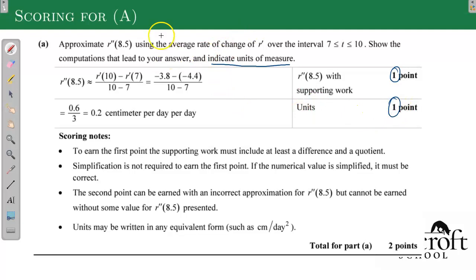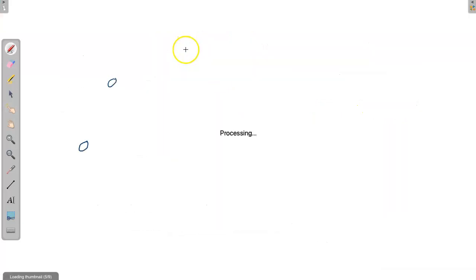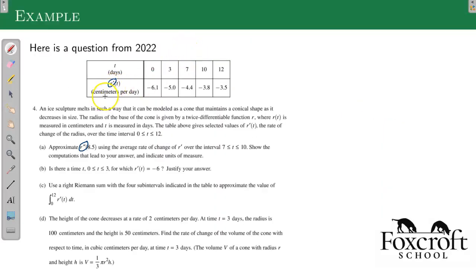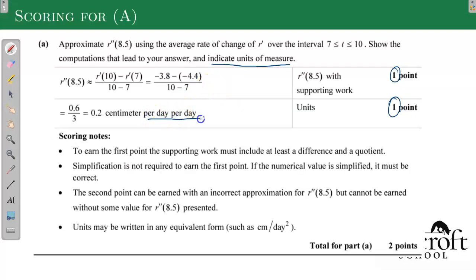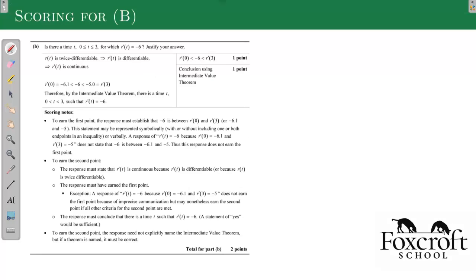The units for r prime were centimeters per day, and when we take the derivative of something, we just get another per that unit. So it's per day squared for the second derivative. You get a whole point just for getting the units correct, and you can write it as centimeters per day squared. That's fine. So knowing the derivative can be approximated with an average rate of change got you 2 points already.